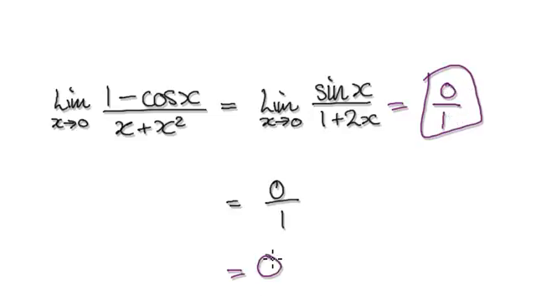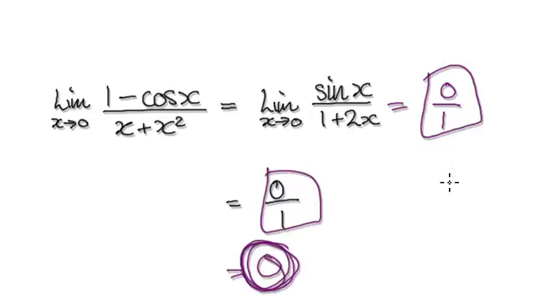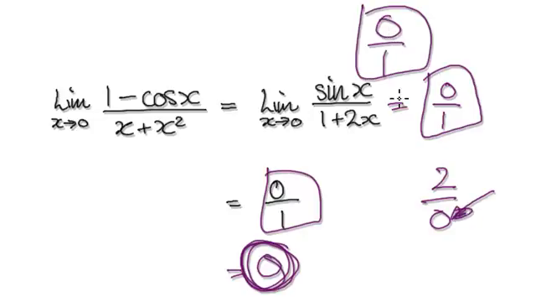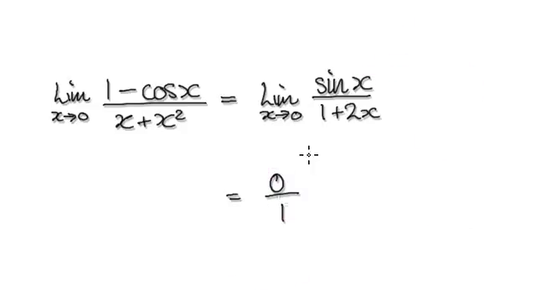It is 0. 0 divided by 1 is a legitimate answer. So that's your limit. Your limit is actually 0. It's only problematic if you have something like 2 over 0 because it breaks down. You can't divide by 0. 0 over 1 is a legitimate answer. So it is 0. Okay, nothing breaks down. So your overall answer would be 0 here.